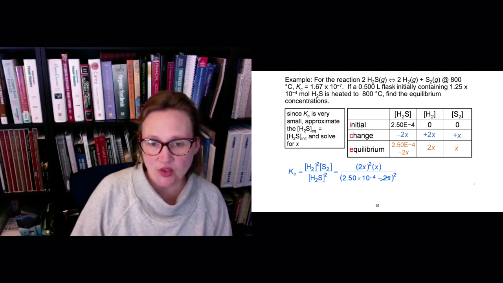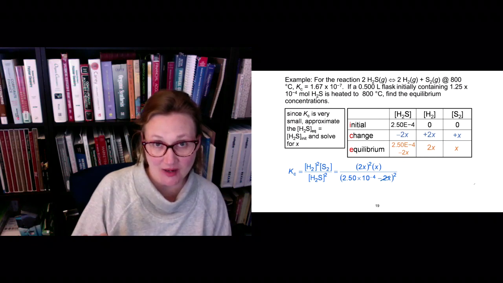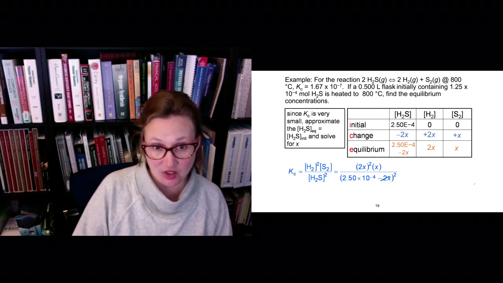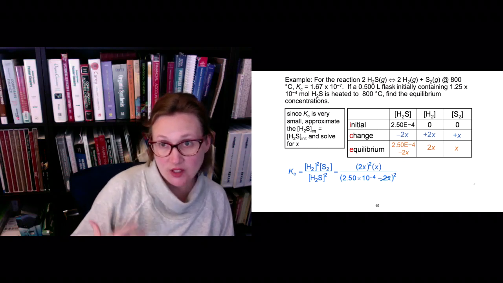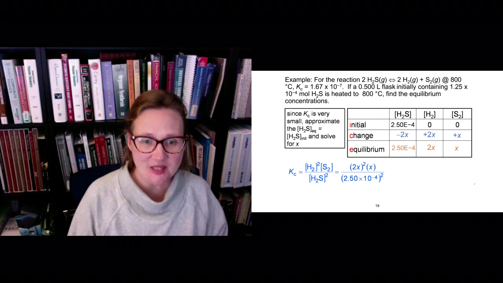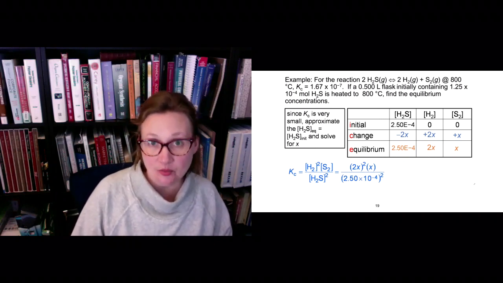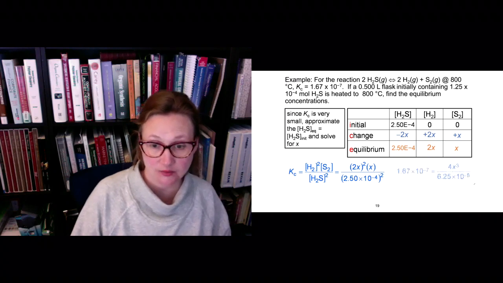Here we're going to assume that x is small so that we can approximate. This is the key, because if you take out that minus 2x, you don't have to use the quadratic equation. I'm going to see if I was correct that I could approximate. That simplifies it so that we can simply solve for x here.